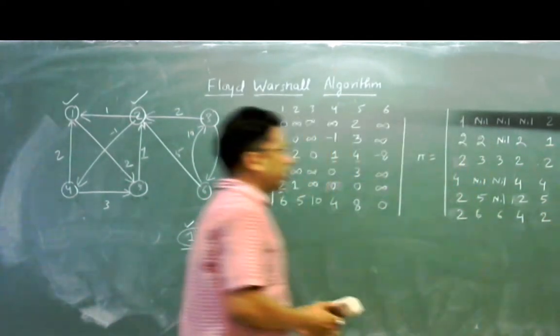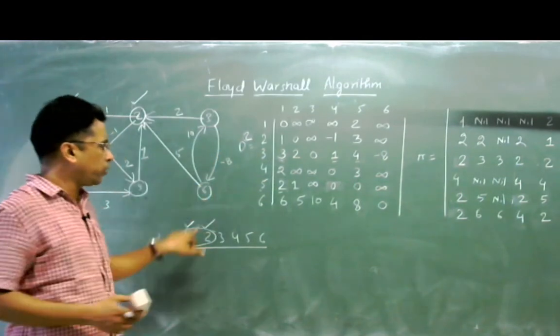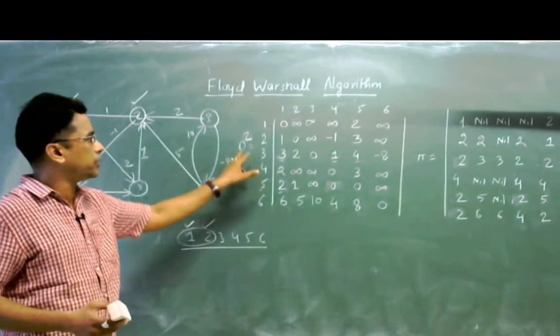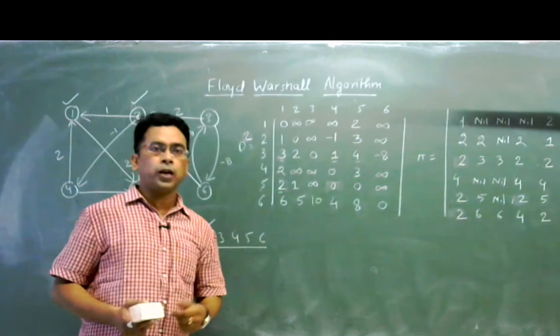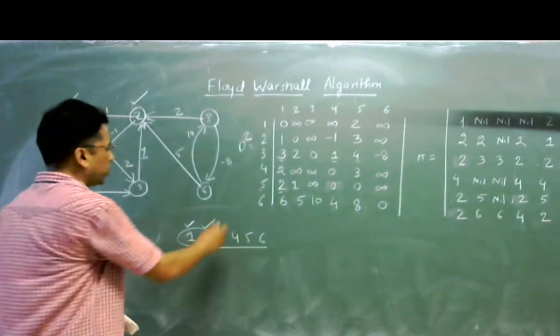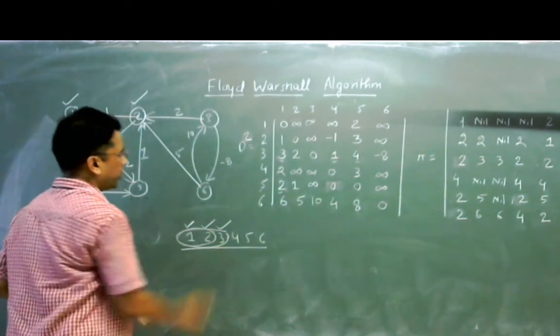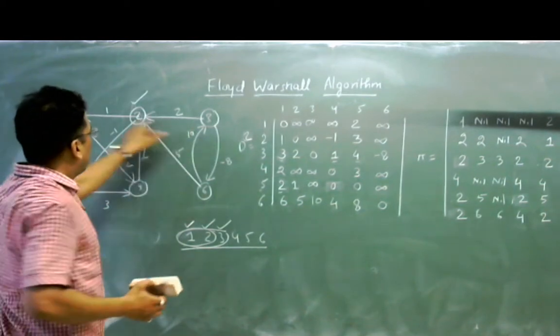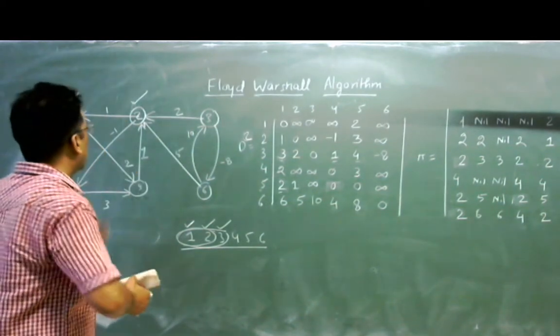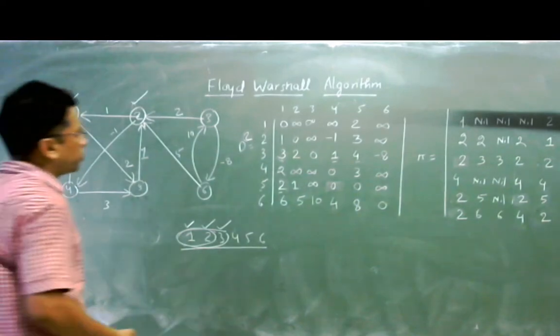Right? Here I have used node number 1 and 2 as a free node, and this is the D2 matrix. Now I shall perform the same for the node. Now the node number 3 will become free node. Right? All are free. So we shall repeat the process.